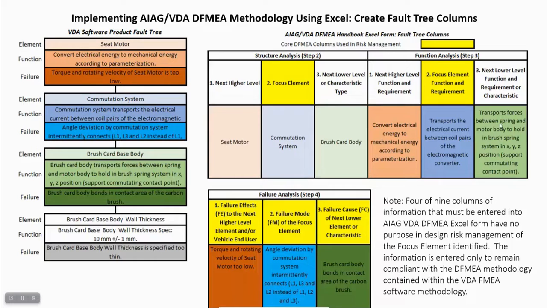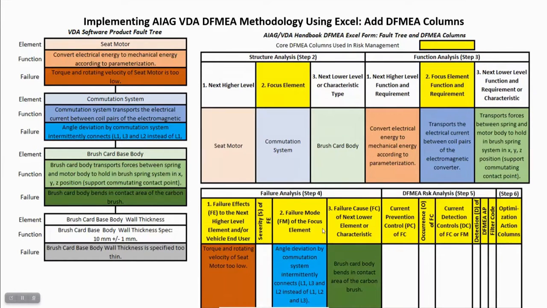Actually what happens is the software is pre-populating those for you because of the trees, then we as users of the FMEA must go in and fill out these remaining yellow sections that you see with blanks.